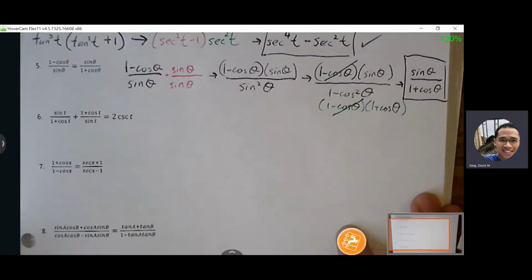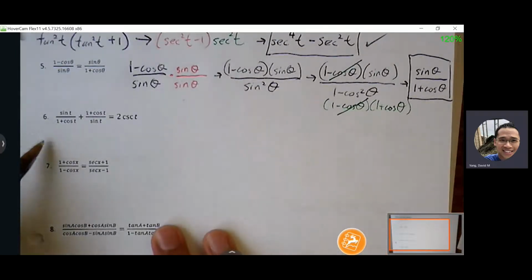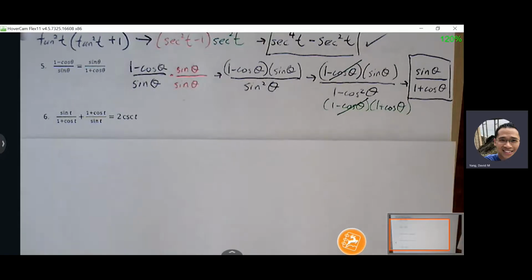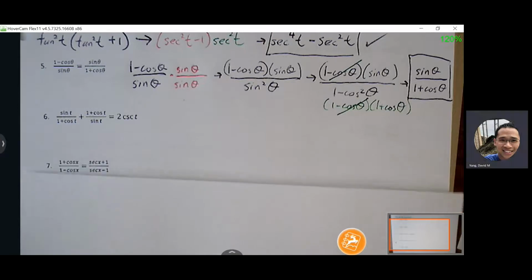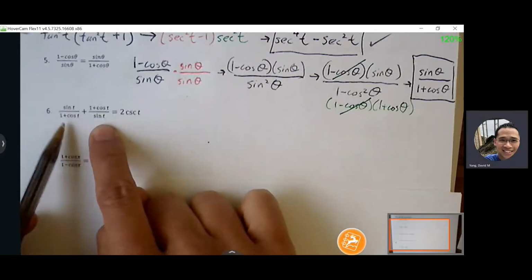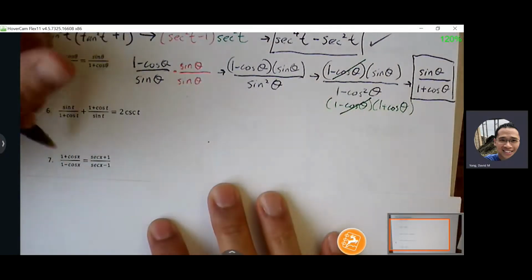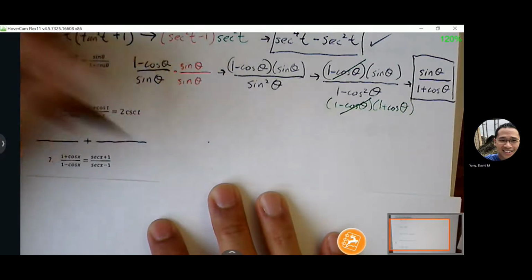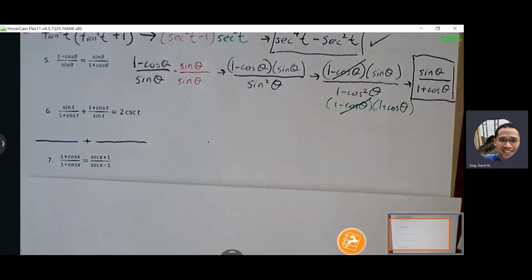Sorry if you're still copying 5. Okay, so number 6, my common denominator. Let me ask you this. What is the common denominator? What's something that both the denominators can multiply into?